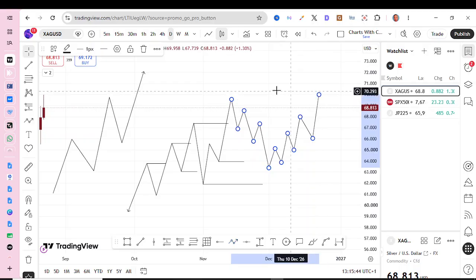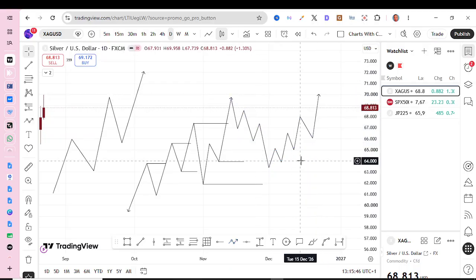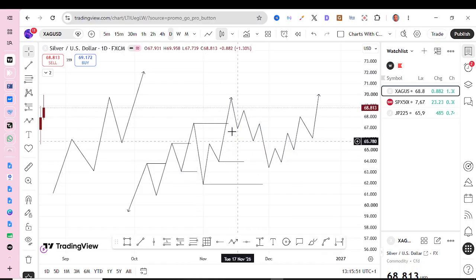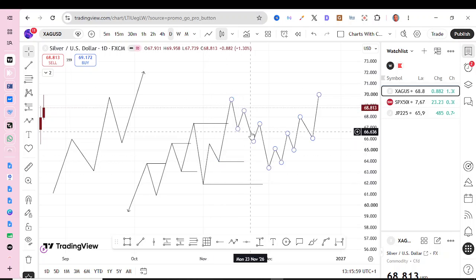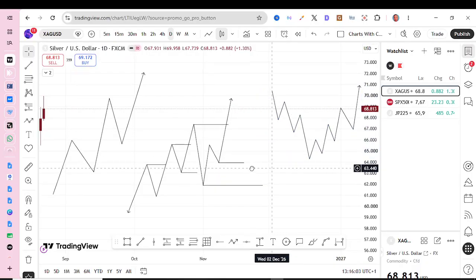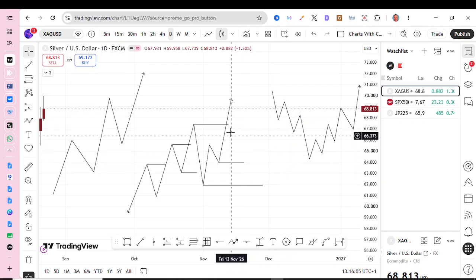So if you come to the market and you meet the market structure at this level, the first thing you should be expecting is for this low to be taken out. And the honest truth is market is dynamic, right? Even if I've said this low should be taken out, market will not just come boom and take out this low and continue buying.